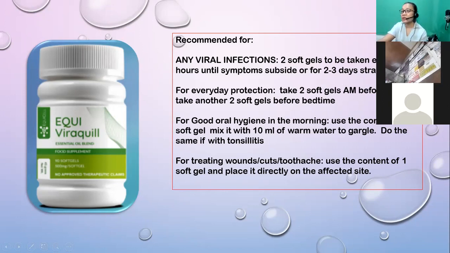And then instead na 4 to 6 hours ang pag-take mo, gagawin mo na lang siyang 3 times a day. Okay, the reason being is that you have to fortify, you have to provide these essential oils in your cells to disrupt the viral life cycle that is happening inside your cells.